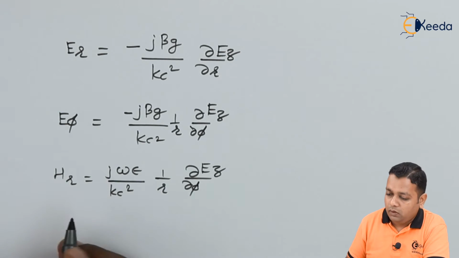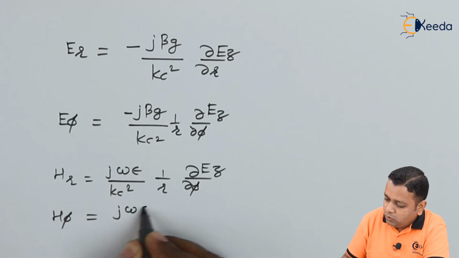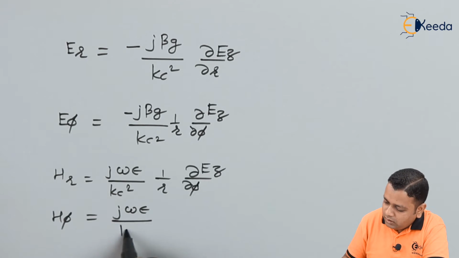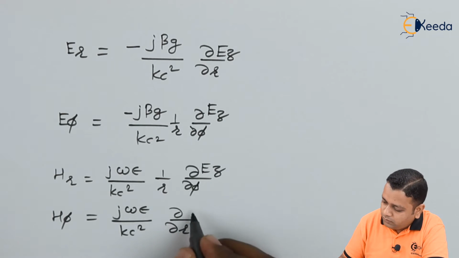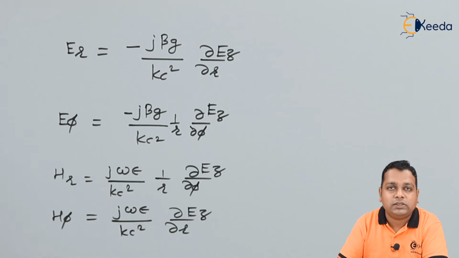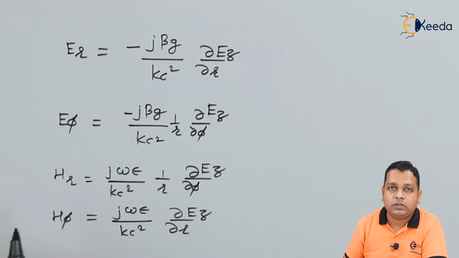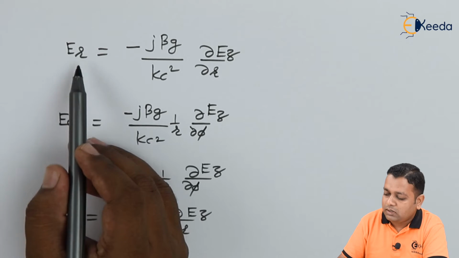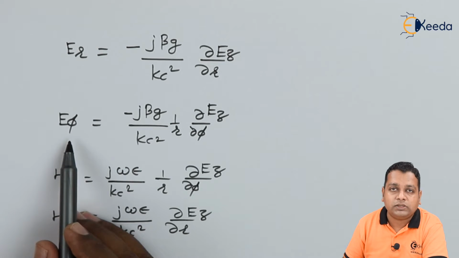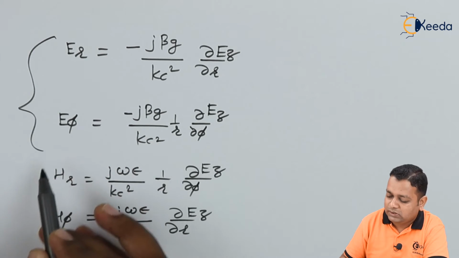Next to that, we have H phi component expressed as j omega epsilon divided by kc square in multiplication to del r of E suffix z here, and as it is transverse magnetic, we have Hz component equal to 0. So these are the four components in the radial direction and the angular direction phi for electric and for the magnetic equations here.